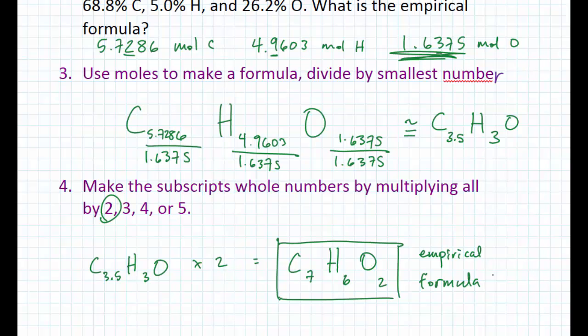So to get just raw mole values into whole number ratios, we reduce it all the way down so that the lowest is 1, and that's why we divided all of them by the smallest. And then if we're not at whole numbers, we double or we triple or we quadruple, whatever the smallest integer is to multiply them by so that they become a whole number ratio. So that's an empirical formula.